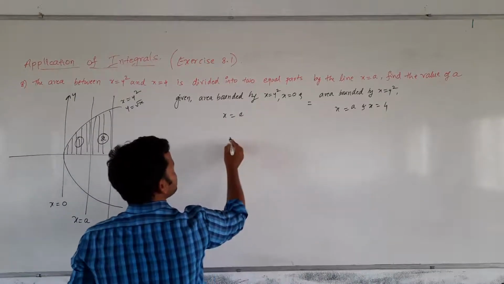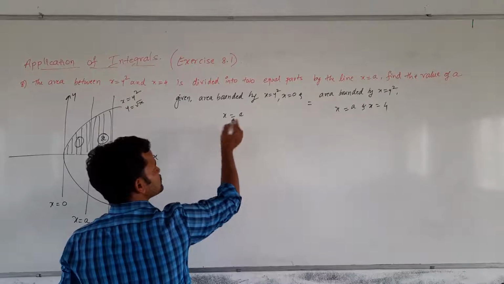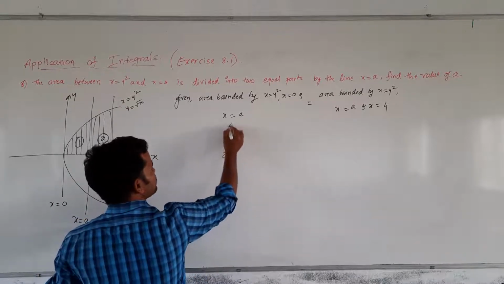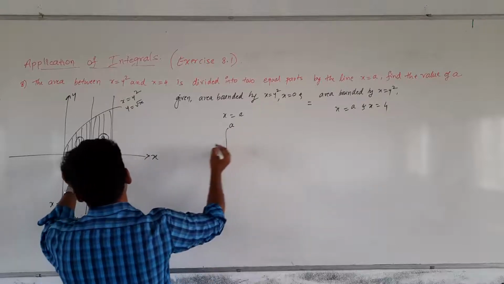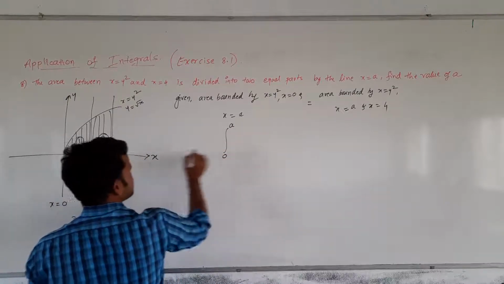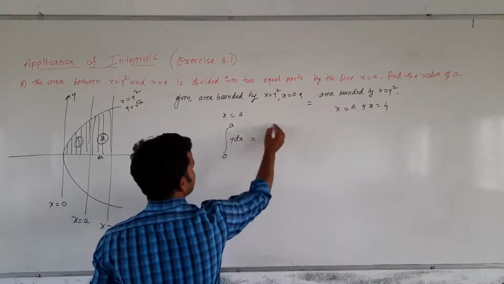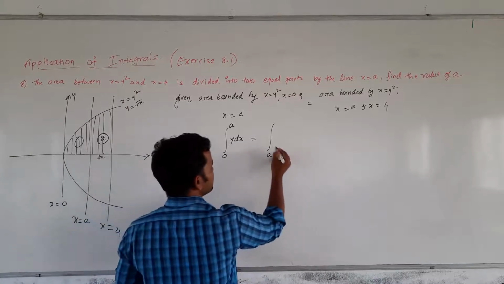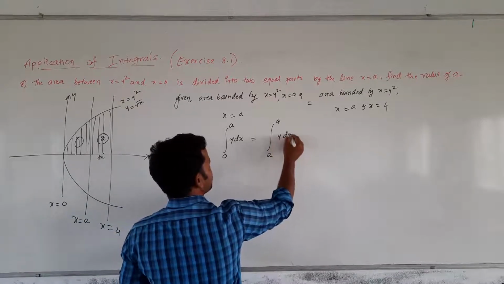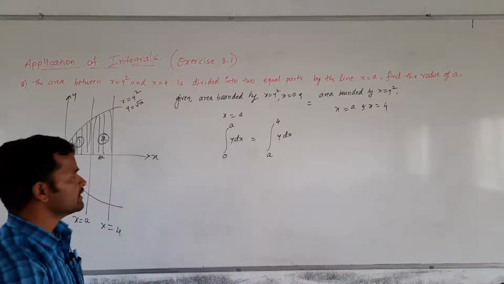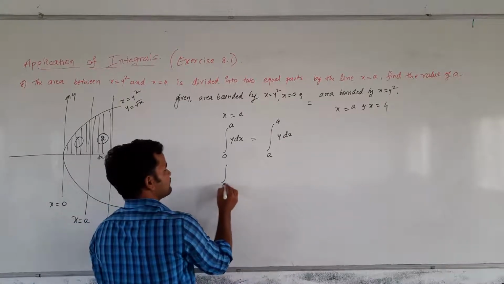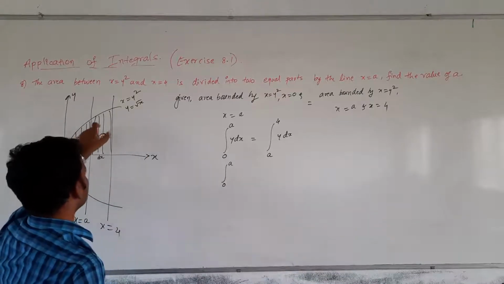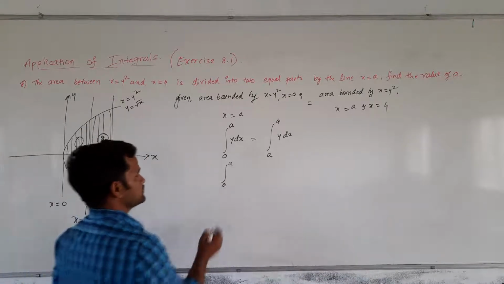Area bounded by x is equal to y square and the line x is equal to 0 to x is equal to a. Lower limit 0, upper limit a. Here vertical strips we have considered, dx comes, this is y dx, which is equal to the right hand side. It is bounded by a to 4. Lower limit is a, upper limit is 4, y into dx. Now integrating from 0 to a, what is y here? Y is the curve on which the area is bounded. Y is equal to root x, yes, substitute that.